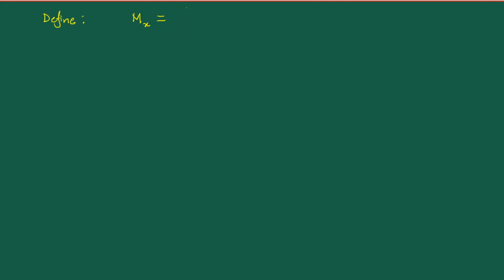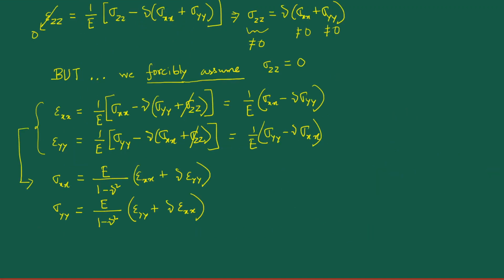Now that is defined as the integral from minus h by 2 to h by 2 of sigma xx z dz. Okay, so what we are saying here is, if you look back at, or maybe just look at, so let me go back to this figure.